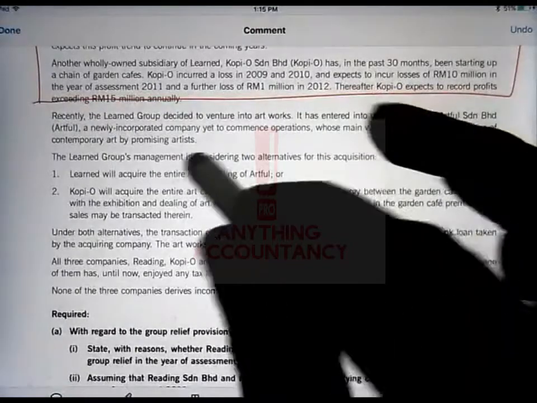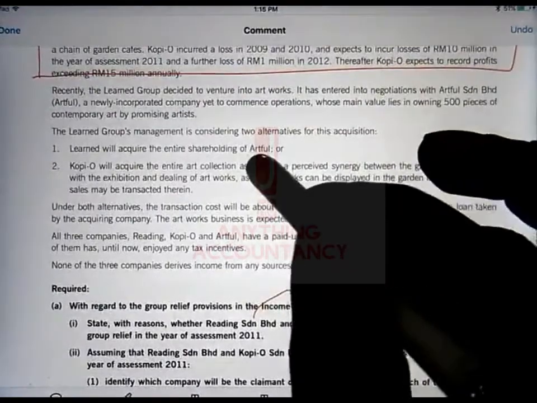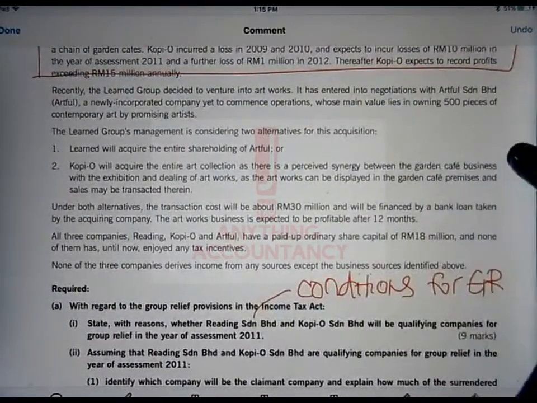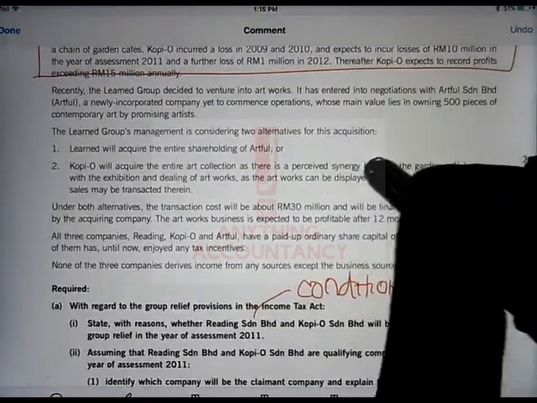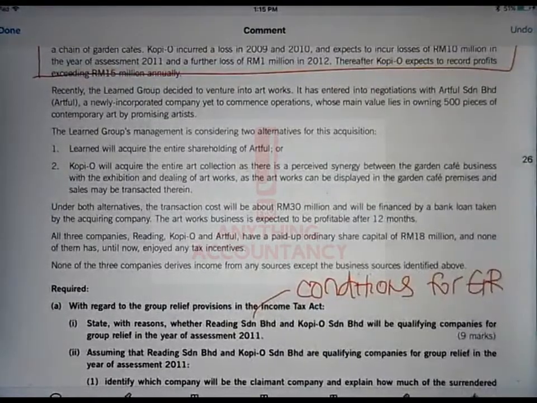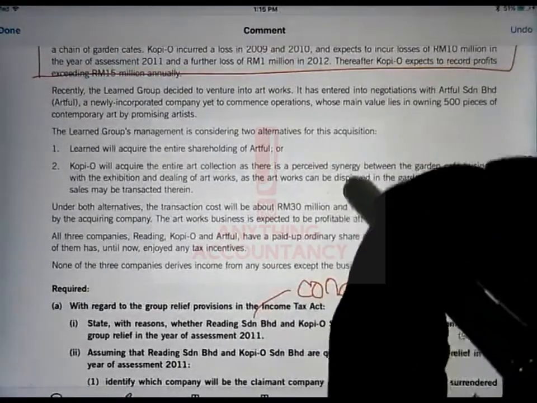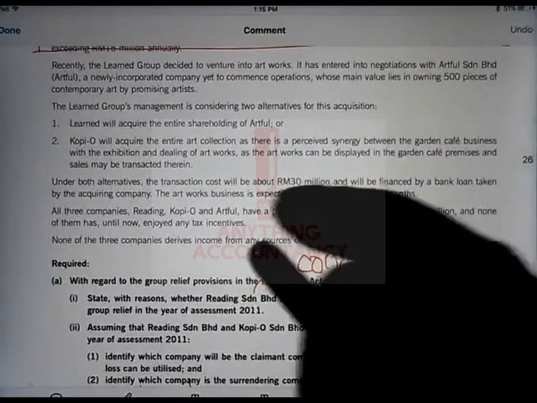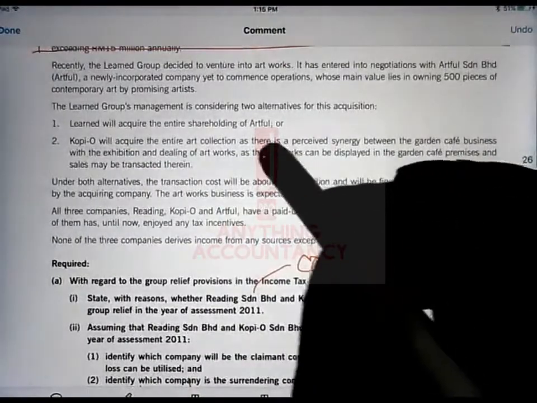Learned will acquire the entire shareholding of Artful, or Kopi O will acquire the entire collection as a perceived synergy between the garden cafe business with the exhibition and dealing of artwork, as the artwork can be displayed in the garden and cafe premise, and sales may be transacted there. So they are looking at two options. So two alternatives. Company buys direct, or the company then buys it through one of their subs.